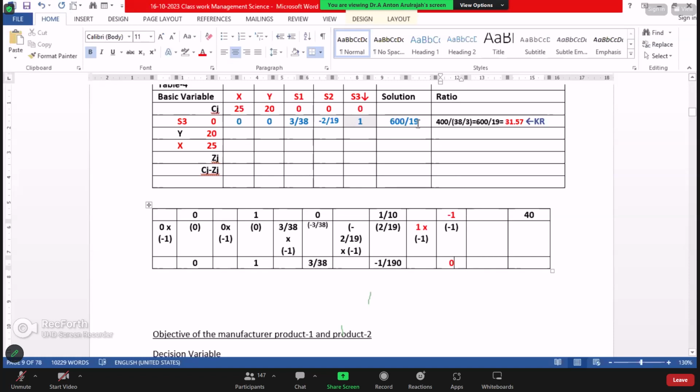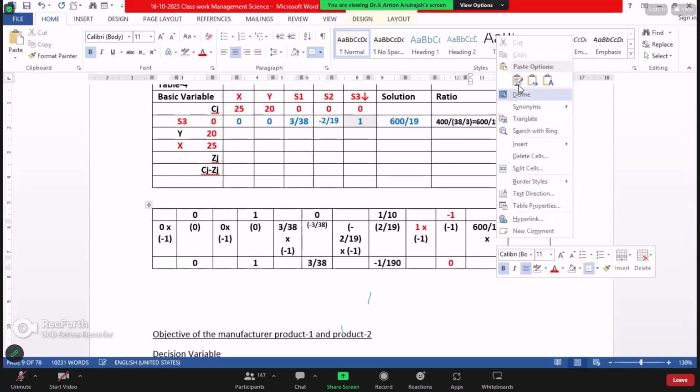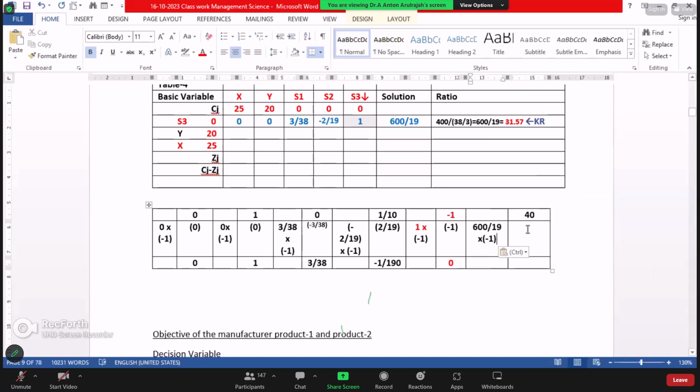And this value 619 just has to multiply by this. Minus 600. It's about 1,360.